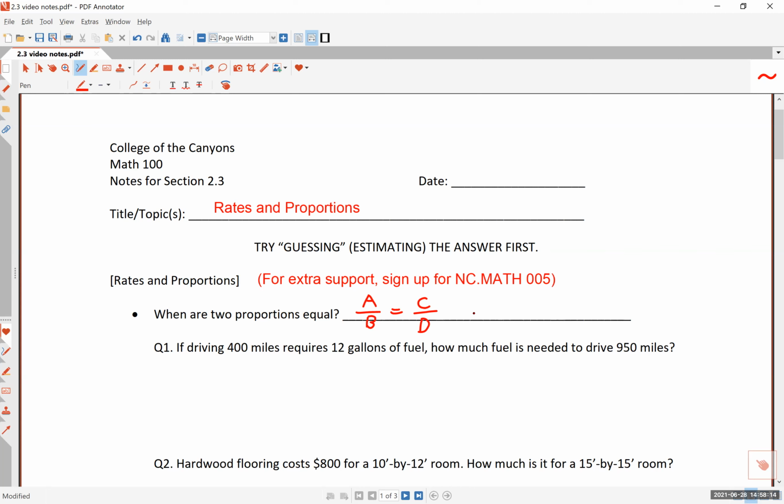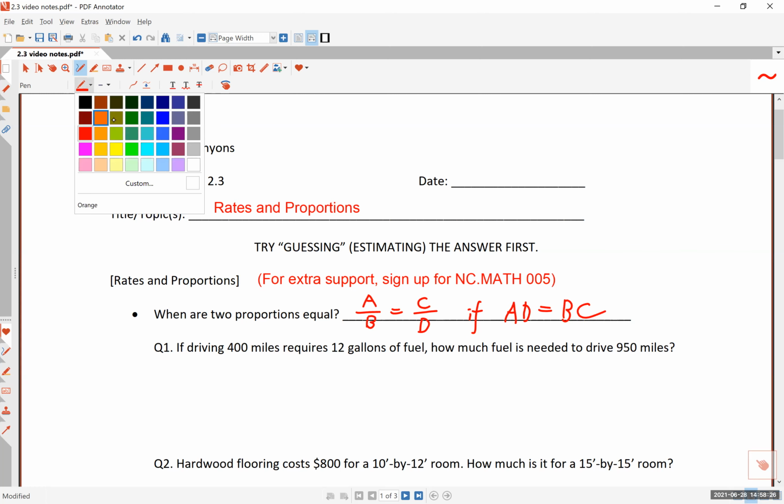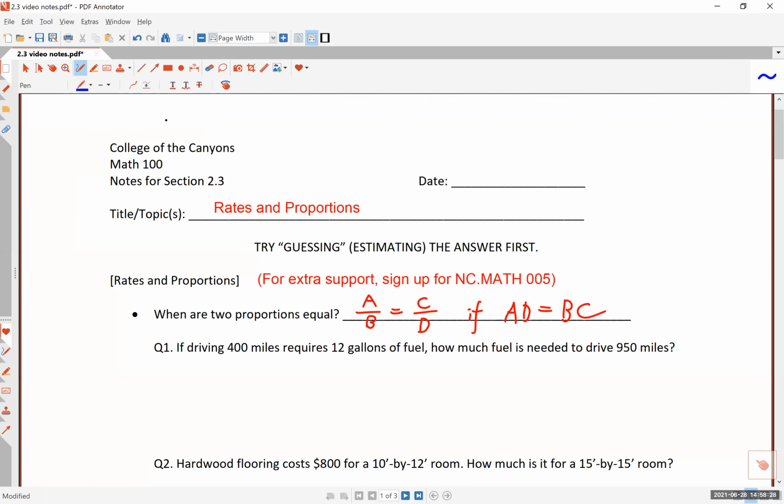When you say two proportions, a over b and c over d, they are equal to each other if and only if AD is equal to BC. This is known as cross multiplication for an obvious reason. AD is A times D, has to be equal to B times C. In fact, this is the definition of what we call equal fractions.